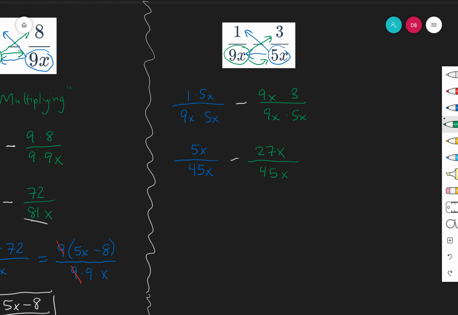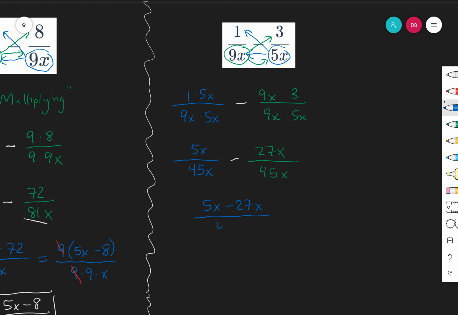Okay, so we've got a common denominator. So now we can just combine the numerator. So we'll have 5x minus 27x over 45x.